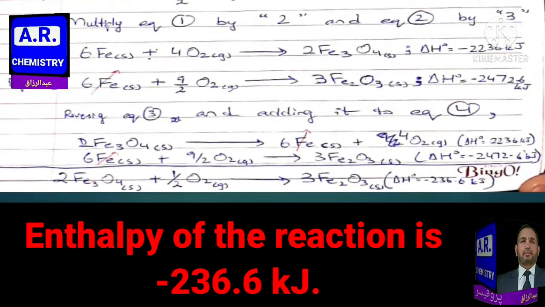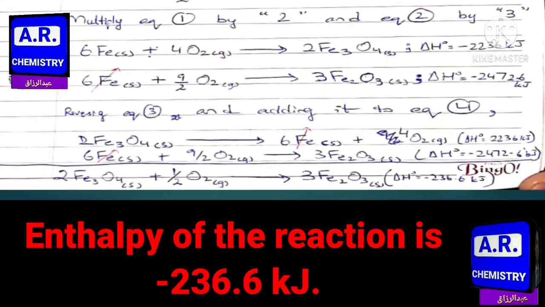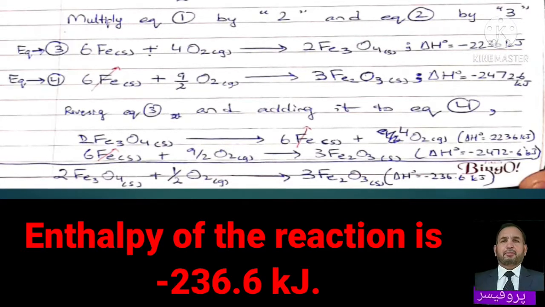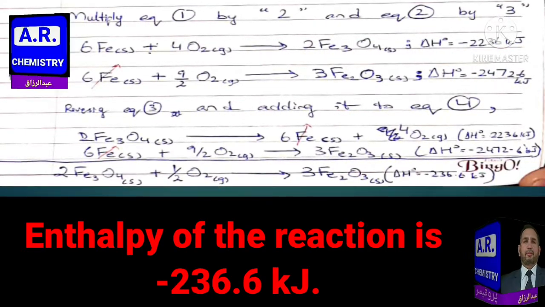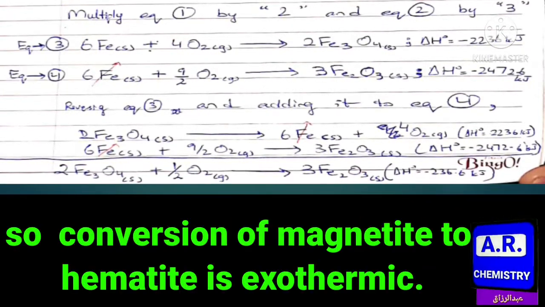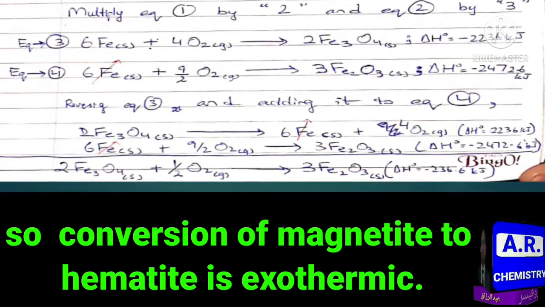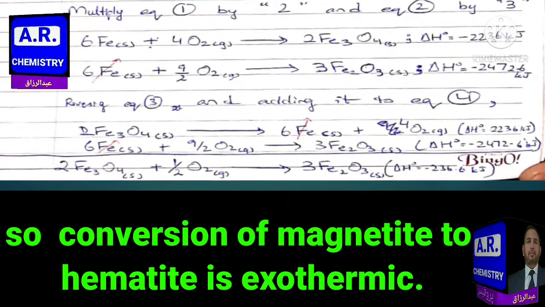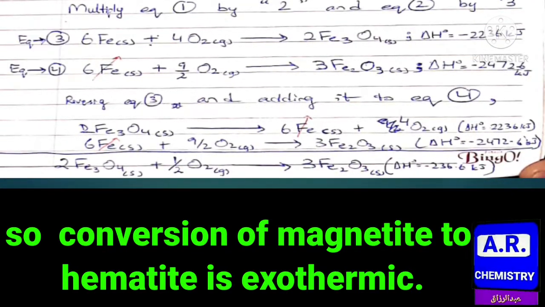Only then you can get the proper answer. So in this case, since a negative sign is given, magnetite to hematite is an exothermic process. In such a process heat is evolved.